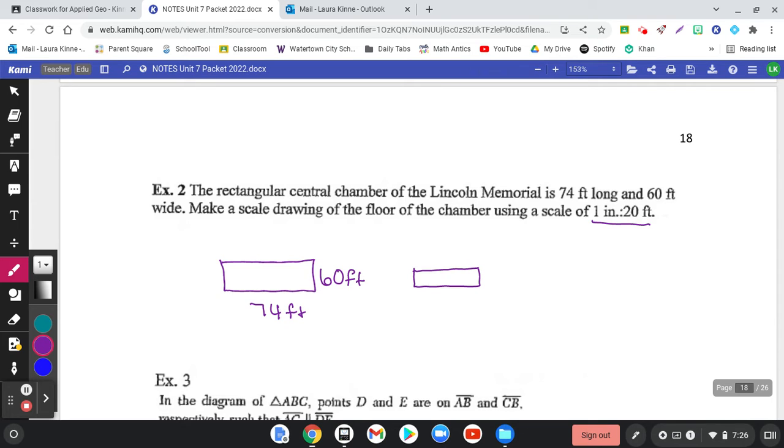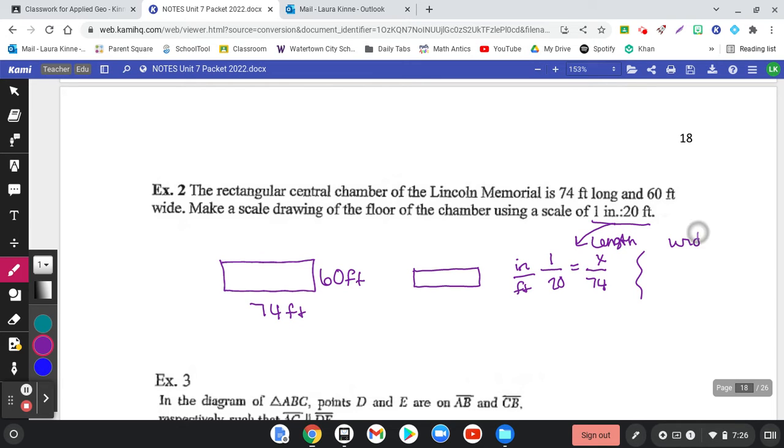So we want to do one for the length and one for the width. This is always going to be your first fraction. So 1 inch is 20 feet. Well, we're dealing with the actual, so the 74, when I set it up, will be on the bottom. So that's how we'll figure out the length.